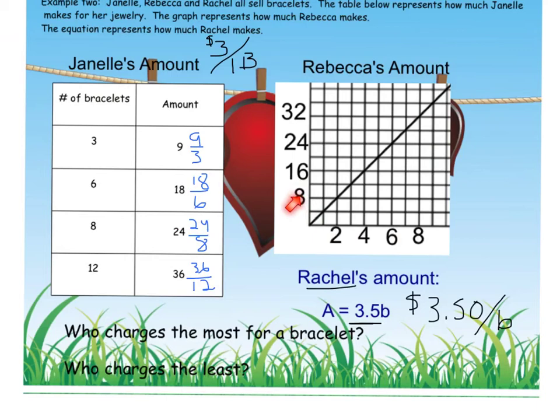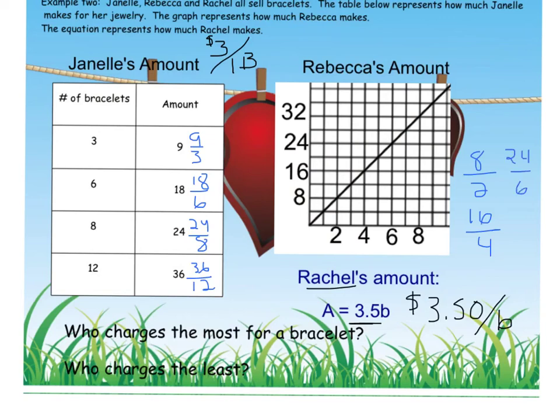You can go up 8 for every 2. So she charges $8 for 2 bracelets, or $16 for 4 bracelets, or $24 for 6 bracelets. And so we could write it out like 8 for 2, or 16 for 4, or 24 for 6.